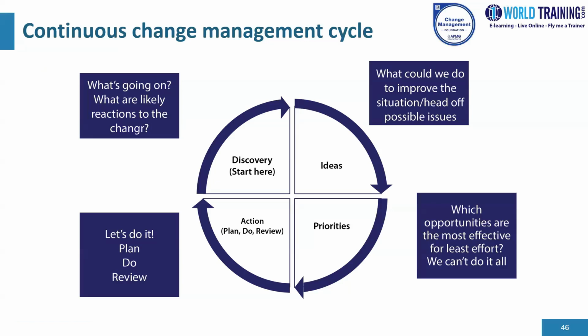In fact, we'll talk about the concept of minimum viable change practice and a change backlog in the agile practices, and both of them are useful during prioritization. So we looked into the first three steps: discovery, ideas, priorities, and the last step is action.